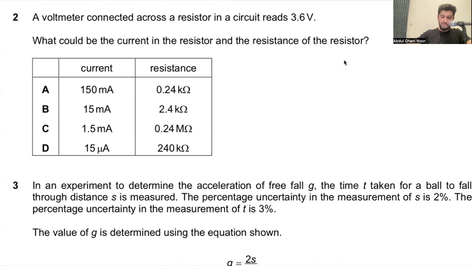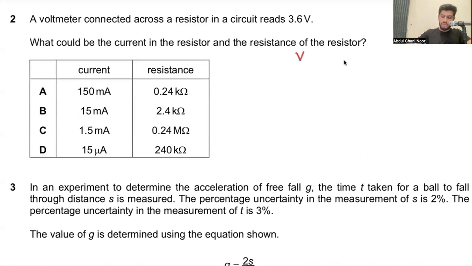So the formula for voltage is V equals IR. You need to multiply current with resistance. For the first one, it's 150 milli multiplied by 0.24 kilo, which is 10 to the power 3. And that gives you 36 volts. For the second one, you do the same thing.